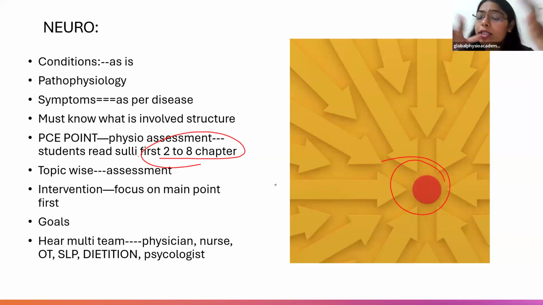If you don't know how to check spasticity versus rigidity, that's not good. Scale, fatigue, modified fatigue impact scale, balance, Berg balance scale. That balance scale is used for static and dynamic balance only. It's not checking mobility. For mobility, maybe observational gait analysis, or time-bound, timed up and go.